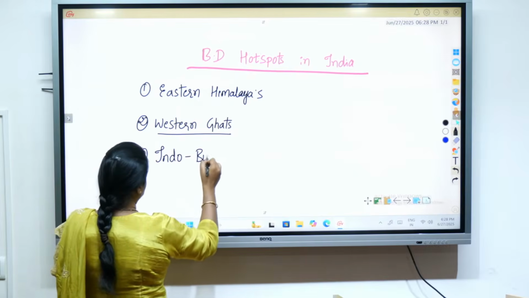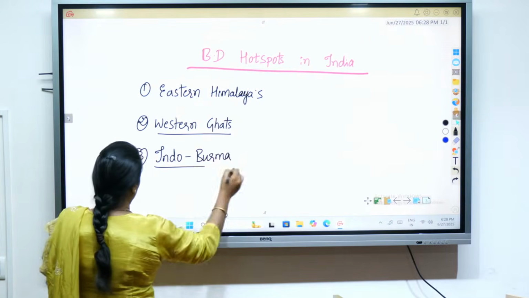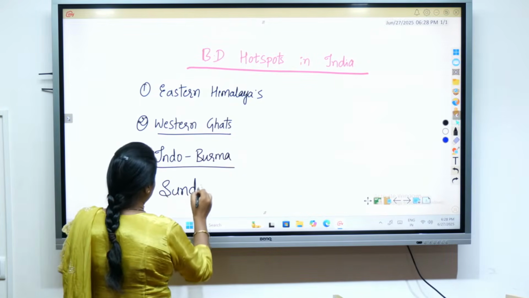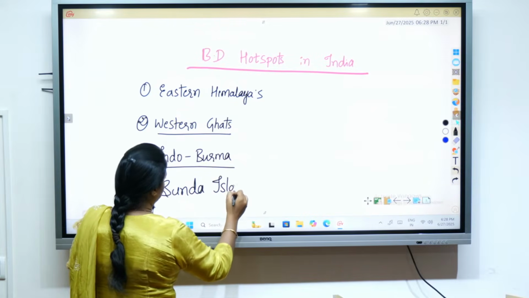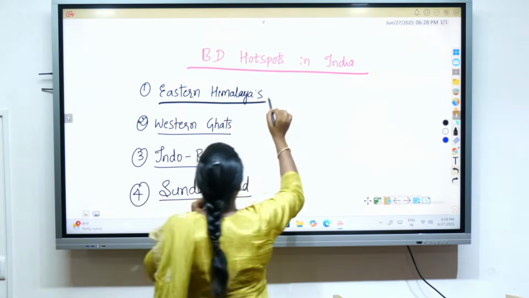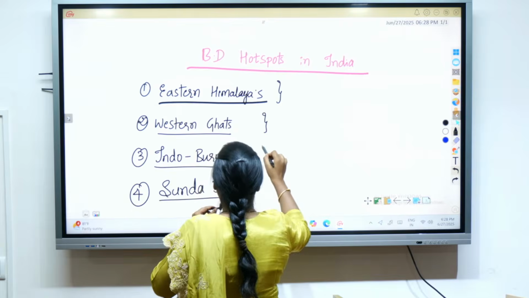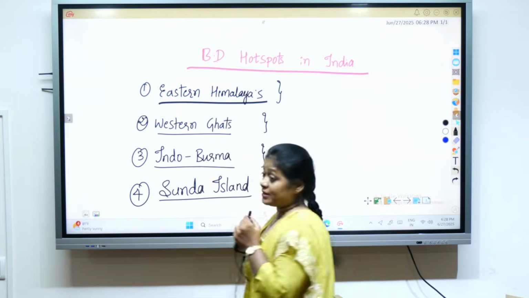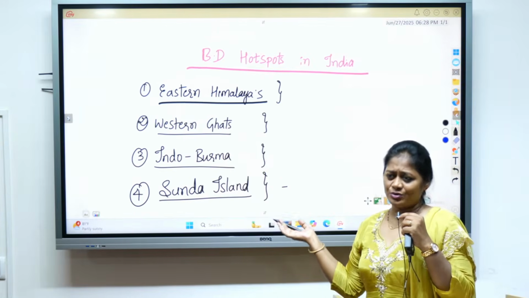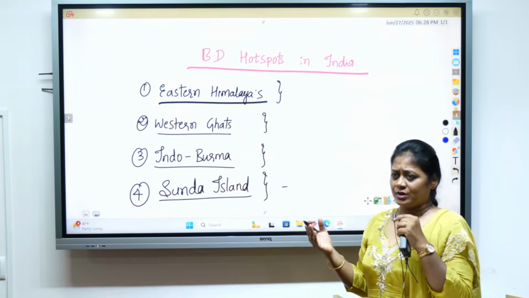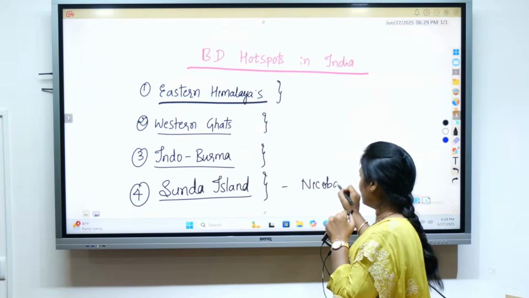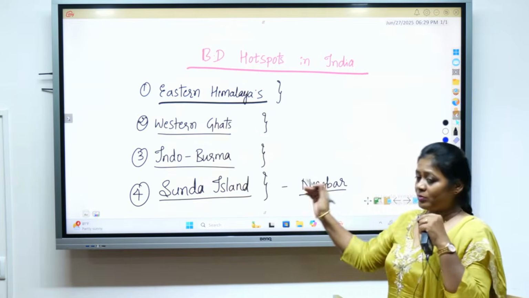The fourth one is Sunda Island. A part of the Indian subcontinent is present in this biodiversity hotspot: the Nicobar Islands, a little bit of the Indian part, which is present in Sunda. Everything else belongs to other countries.